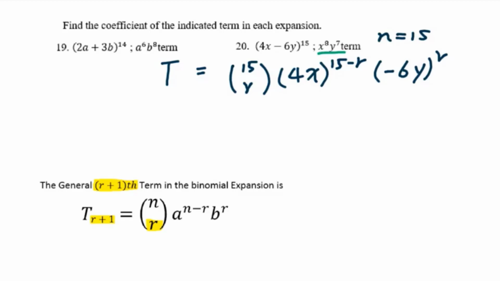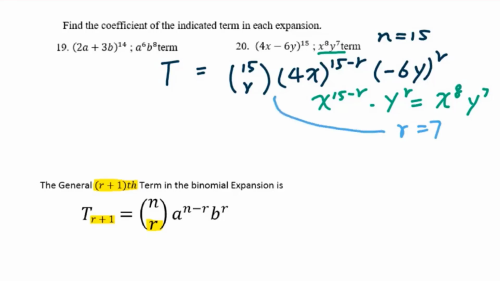Check the variable only. We have x is 15 minus r, and y, do the r's power, supposed to be x to the 8th power, and y, do the 7th power. We can solve for r equals 7. Then we plug back in here.